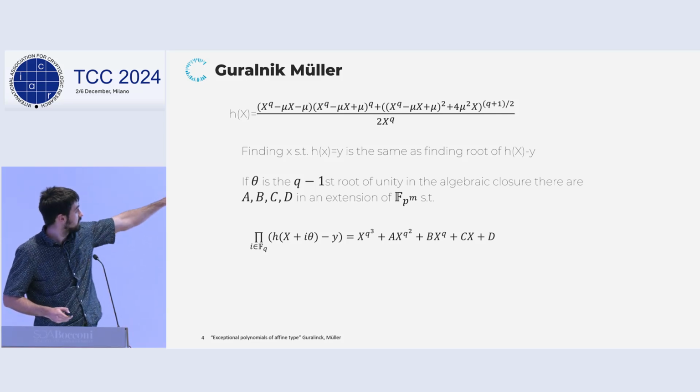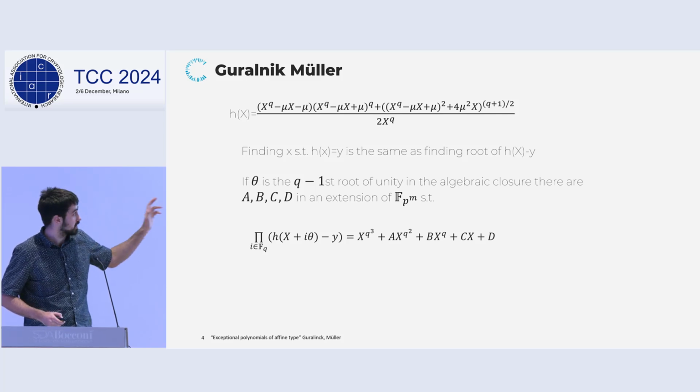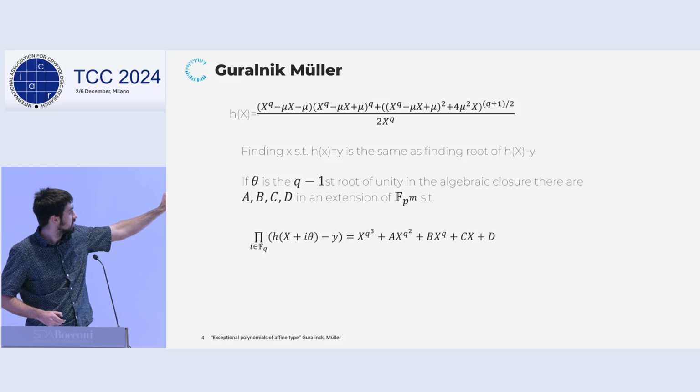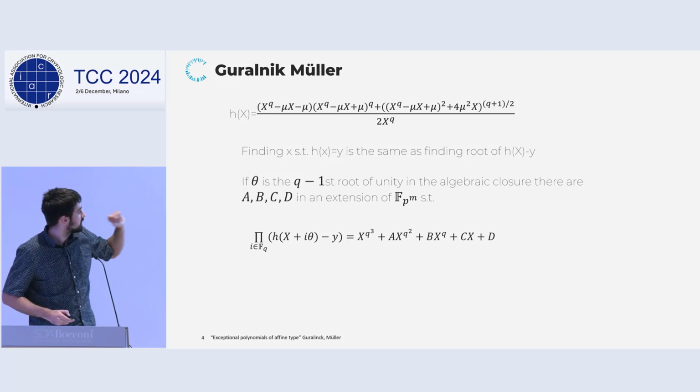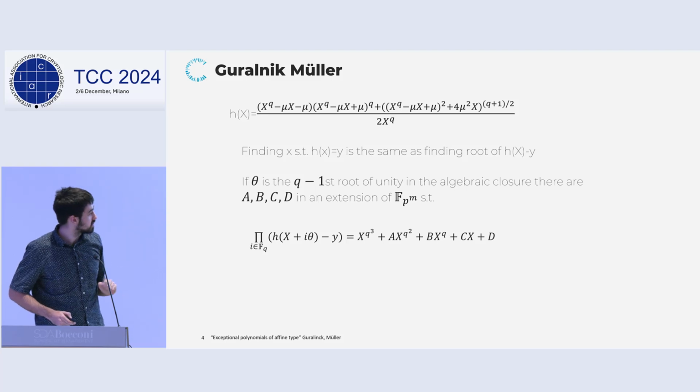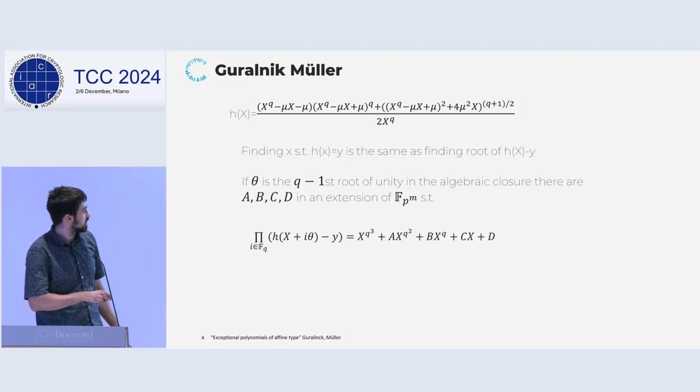Then from this paper, Guralnik-Müller, they give us the statement that if theta is the q minus first root of unity in the algebraic closure, then we get this nice term here. And if you notice on the right side, there's only terms where x is to the power of something with q, or x to the 1.